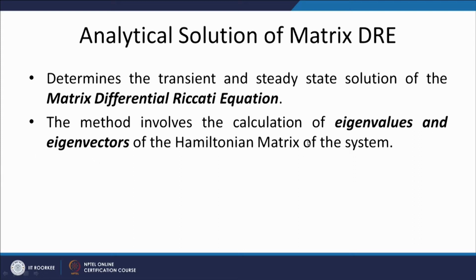Again we use the Hamiltonian matrix to obtain the solution. In this approach we can find the transient and the steady state solution of the matrix differential Riccati equation, and this method involves the calculation of the eigenvalues and eigenvectors of the Hamiltonian system.